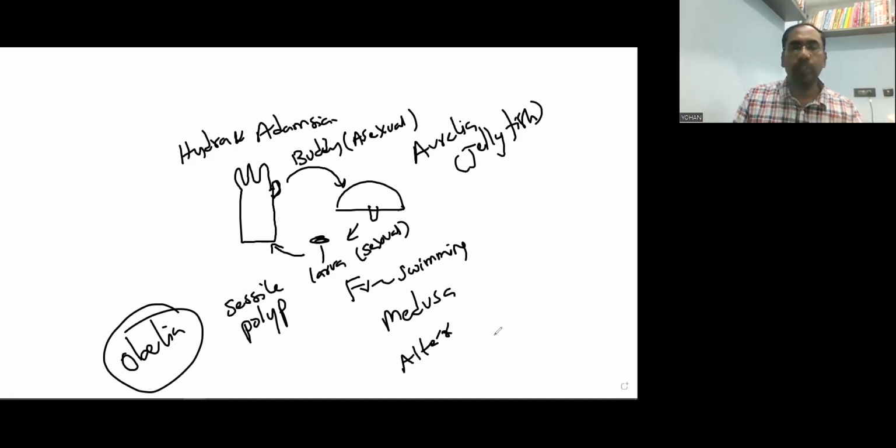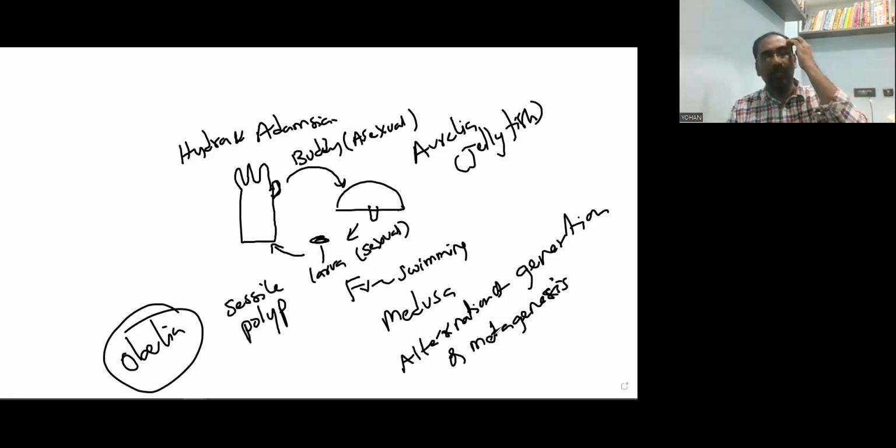This type of alternation of generation is found in Obelia, and it is not found in all cnidarians, only in few cnidarians like Obelia.